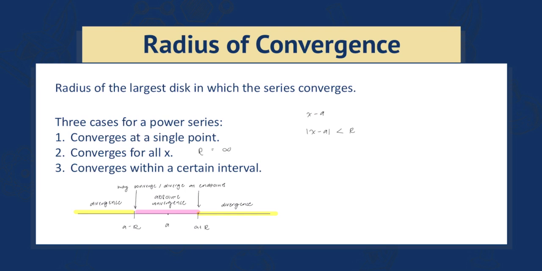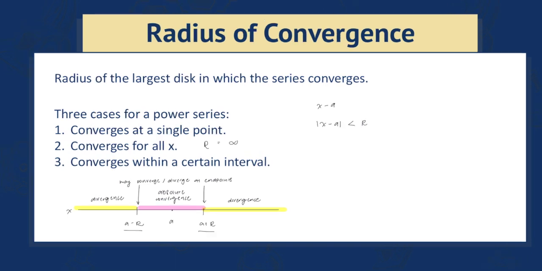Outside this interval, the series diverges. So this concept is useful because it tells us where a power series can be used effectively. So we have 3 cases. First is the power series converges at a single point. Second case is it converges for all x as seen in the previous example. Third case is it converges within a certain interval.